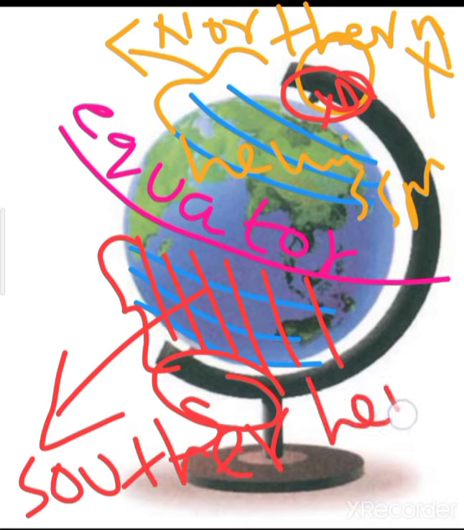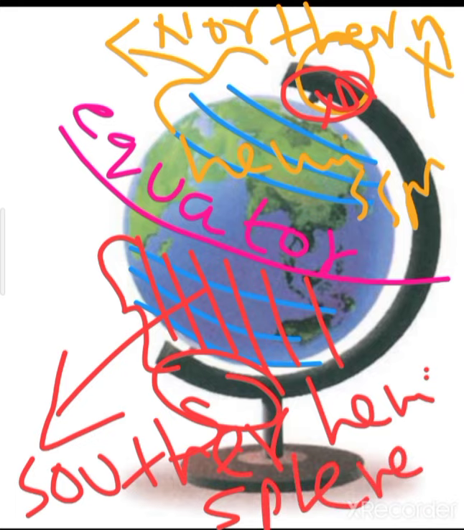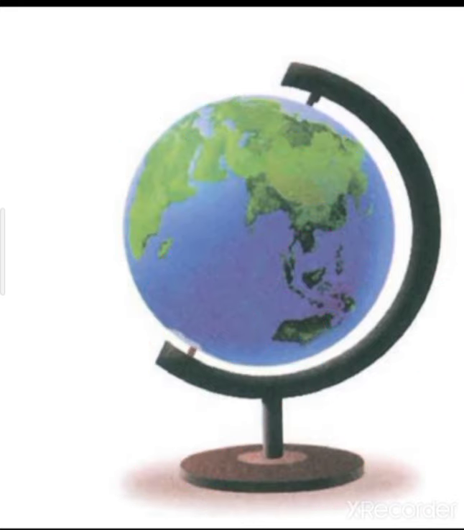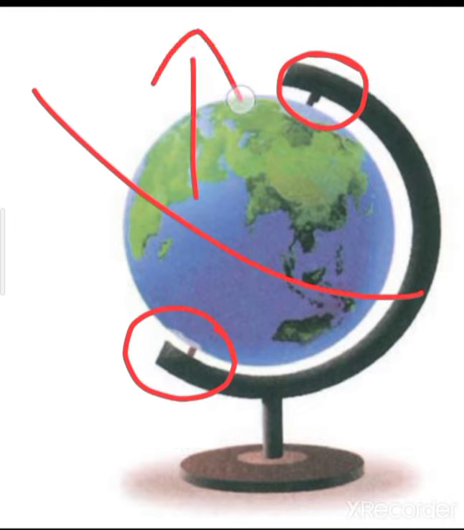So this lower portion is called the southern hemisphere. Northern hemisphere, southern hemisphere. The upper portion is called the northern hemisphere, and this lower portion is called the southern hemisphere.